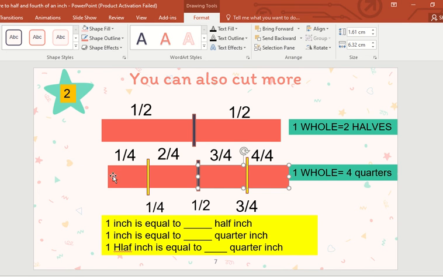For example, if the inch starts here at 0, and on this side I reach 1, then I will go to 2. If on this side it is 3, on this side I will go to 4.